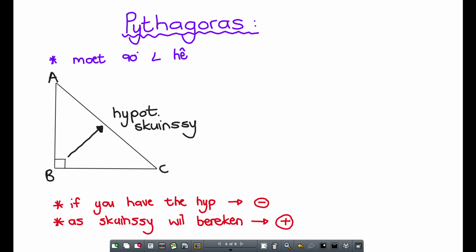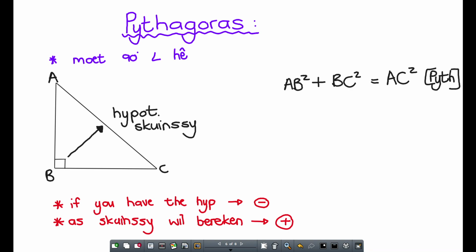Okay, so what does Pythagoras tell us? That AB squared plus BC squared, sien jy dis my twee korter sytjies, gaan vir my gelyk wees aan my skynsy, my hypotenuse, AC squared. And then whenever we use Pythagoras, right at the end, you've got to write Pyth as your reason.